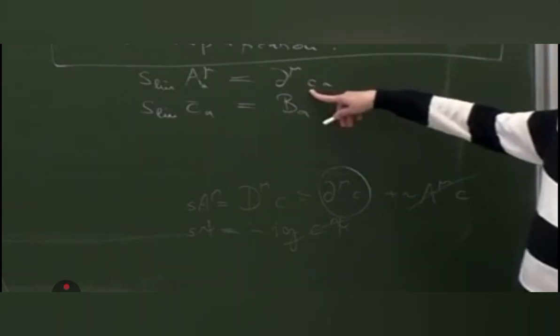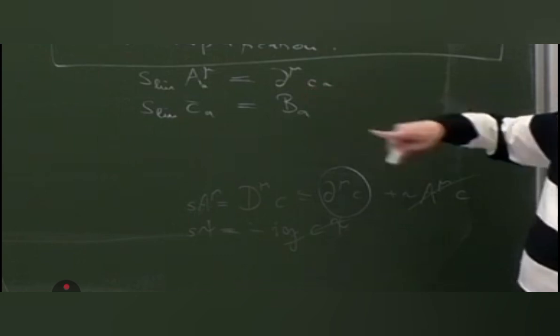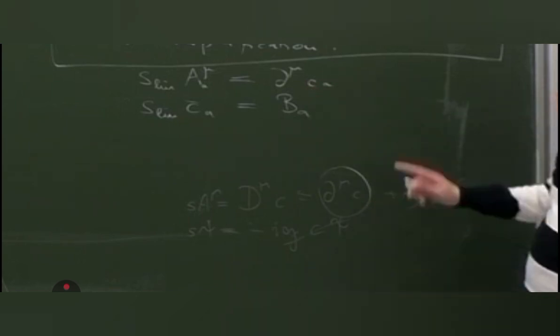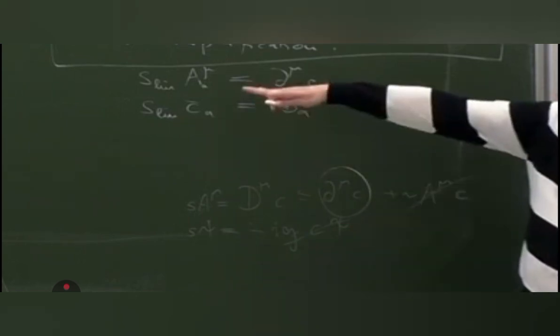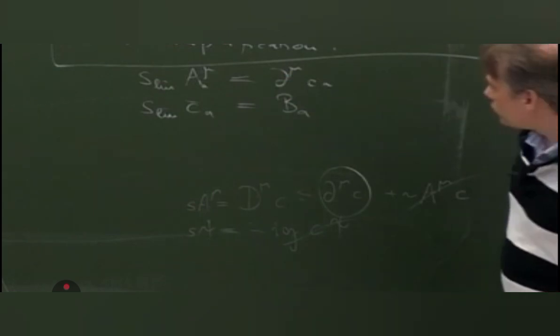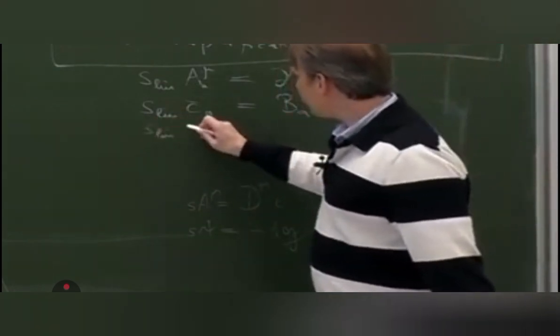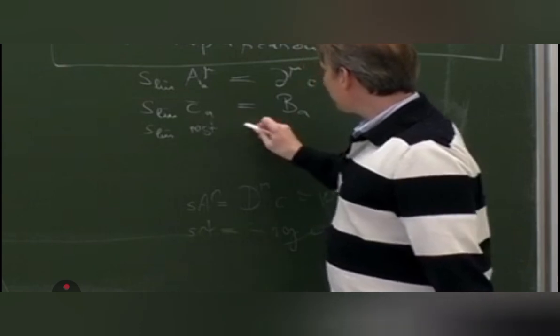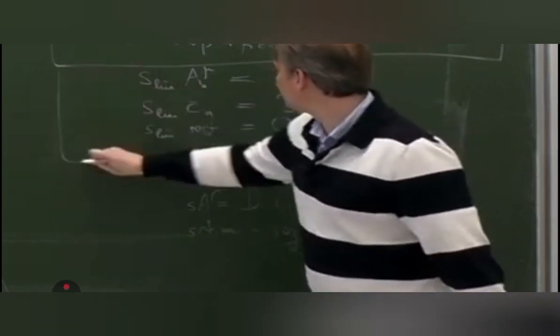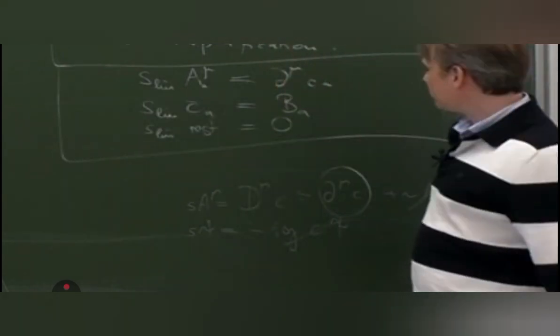Anything else? What is the BRS transformation of a ghost? Yeah, so that is also non-linear. So that's all. That is the only linear BRST transformation, as the rest is all zero. So that is a dramatic simplification. Almost everything is now zero.